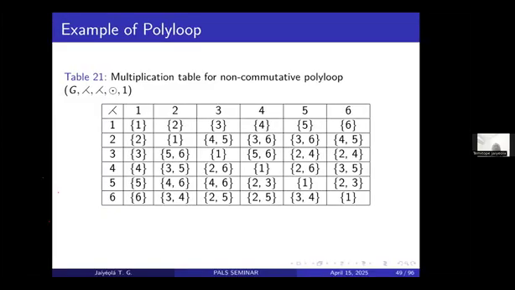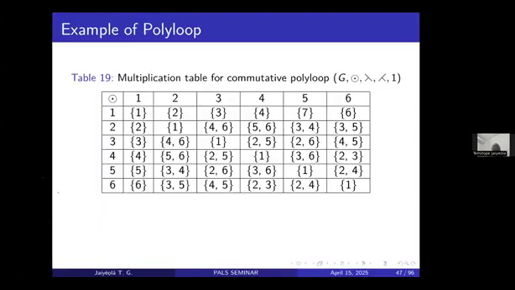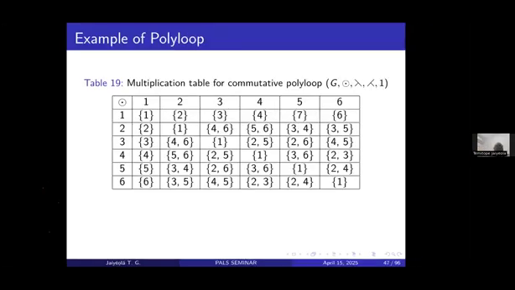For example, this particular finite hyperalgebraic structure represents a polyloop. It's also a polyquasigroup. Why? Because if you take the union of the sets in each row and column, you are going to have the underlying set, 1 to 6. And 1 is playing the role of the identity element.